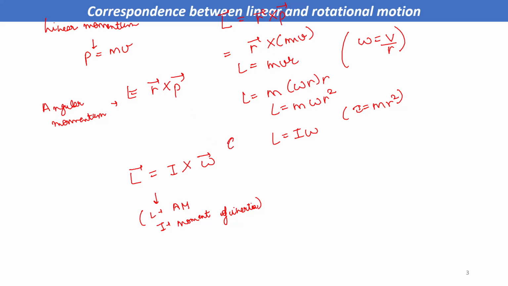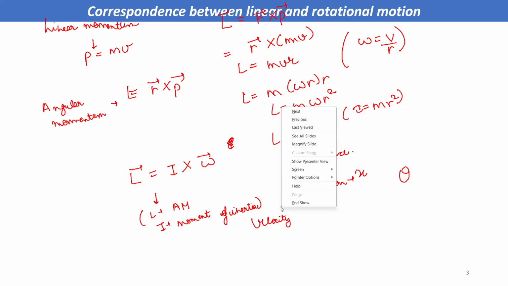What was the correspondence between these? Firstly, if we see the position, for the linear case we represent it by x, while for the angular motion we use the term theta. Now if we compare the velocity, maybe I will write in the next page.